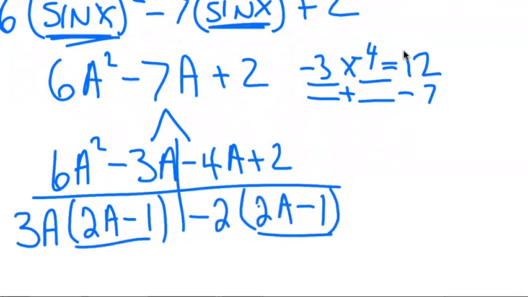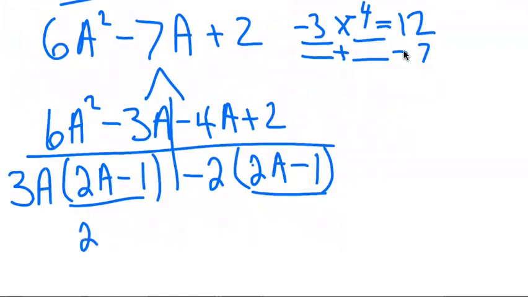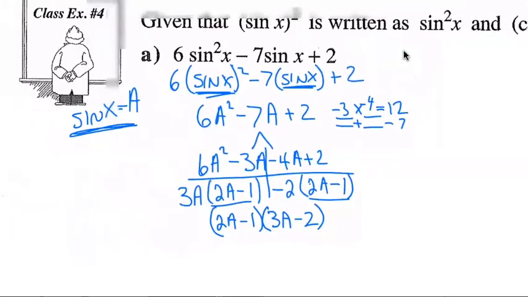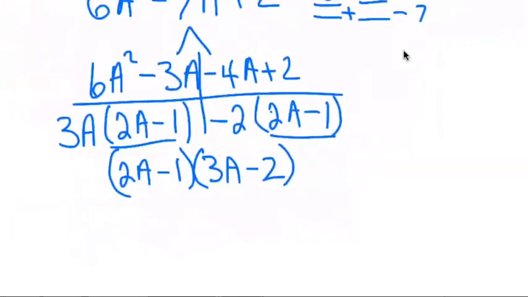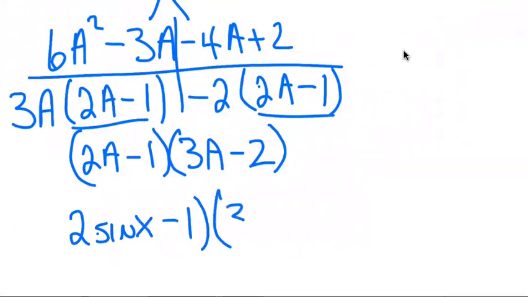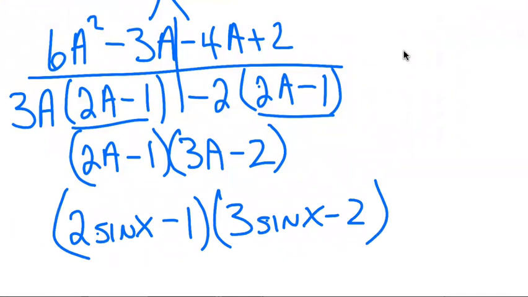Look, they're the same. 2a minus 1 and 3a minus 2. But remember, we started this question by saying sine x is actually equal to a. So now I have to go 2 sine x minus 1, 3 sine x minus 2. And you're done.